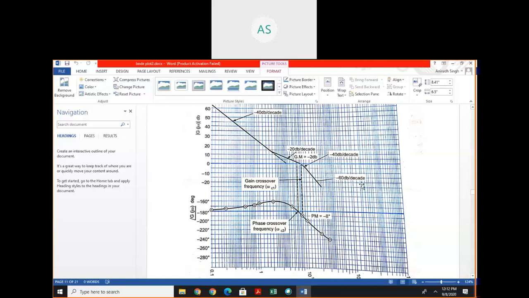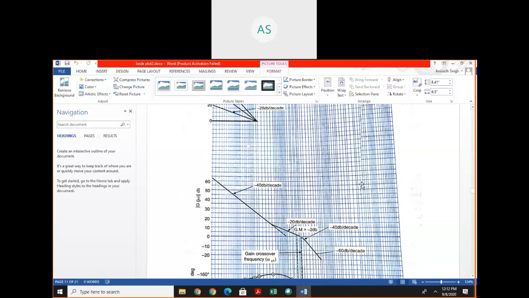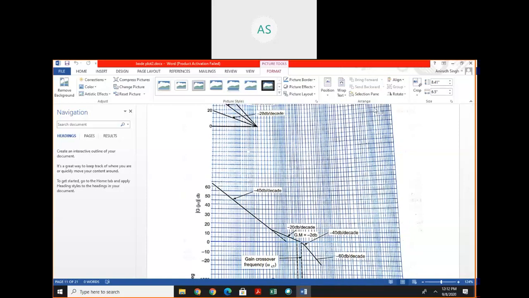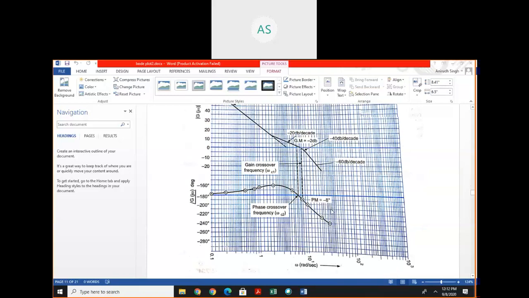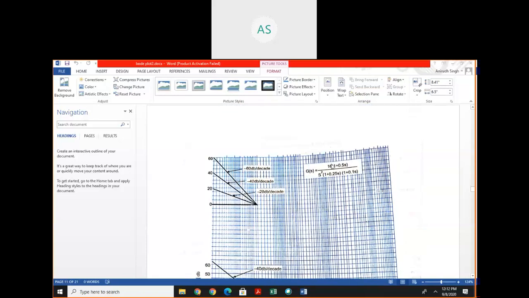So first we determine the starting point of the Bode plot. The value of K is given as 16, and there are two poles at origin.